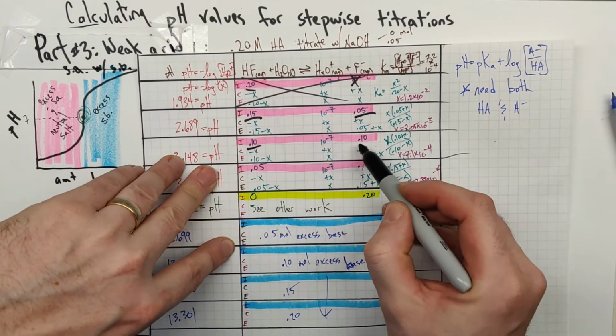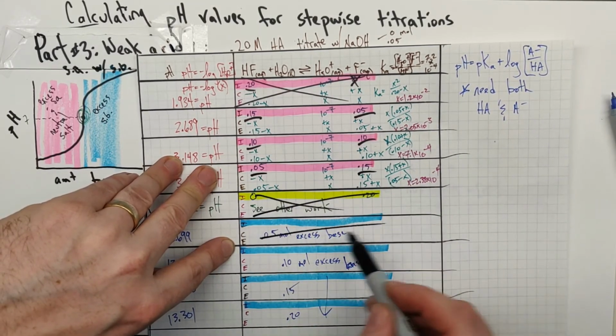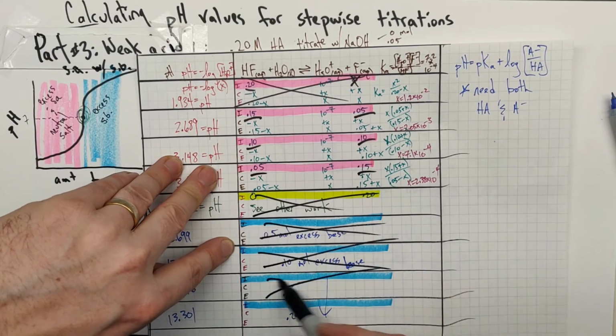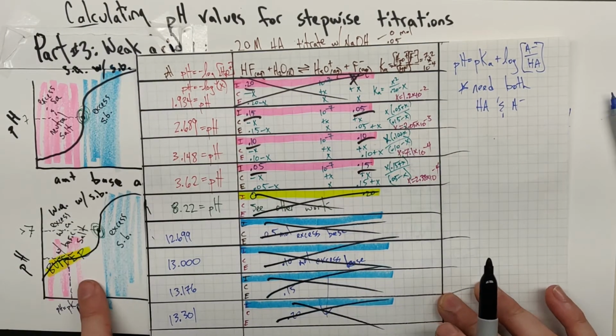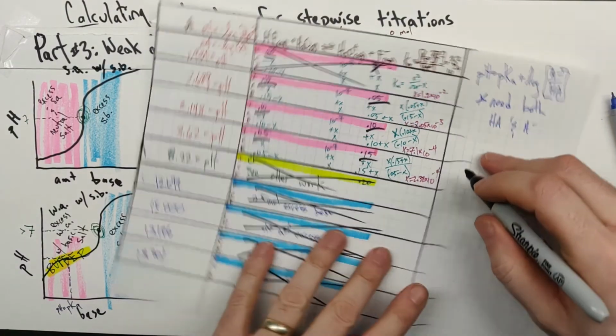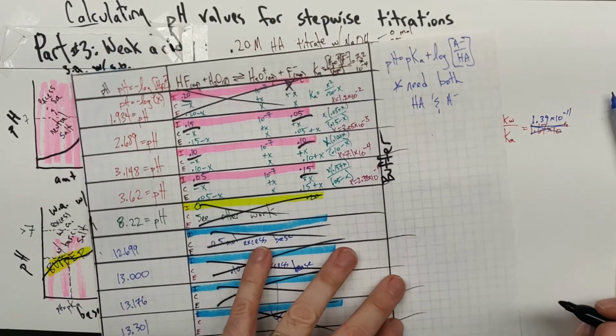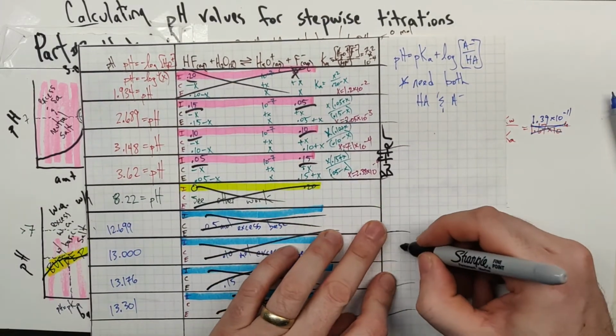I have a conjugate pair, I have a conjugate pair. I don't have a conjugate pair, I don't have a conjugate pair. So as we look at this buffer region over here, that is right here for us. This is our buffer. And that's a place where we can use that Henderson-Hasselbalch equation.